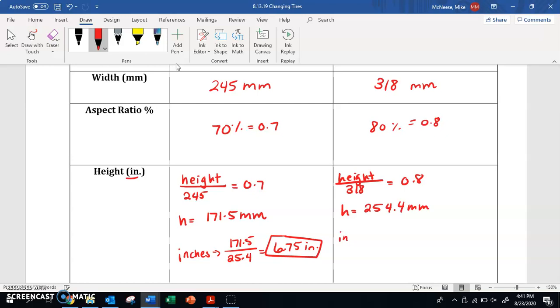To get it to inches, we're just going to do 254.4 divided by 25.4, which equals 10.02 inches.